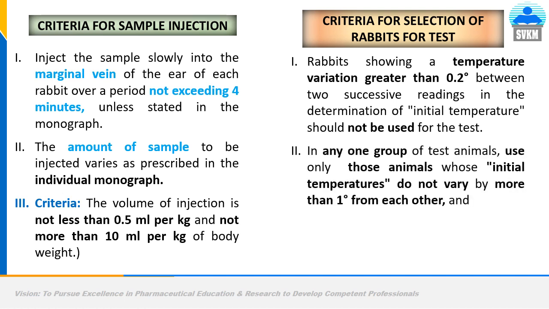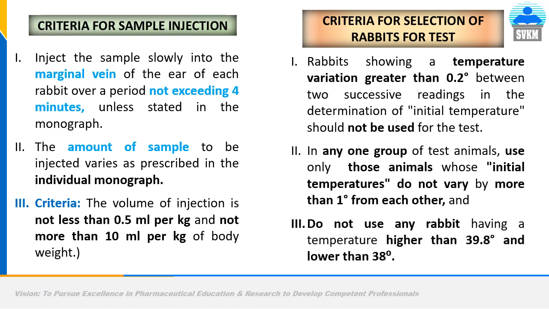Also, in any one group of testing animals, we use only those animals whose initial temperatures do not vary by more than 1 degree Celsius from each other. And the third important criterion is that we do not use any rabbit having a temperature higher than 39.8 degrees Celsius or lower than 38 degrees Celsius.